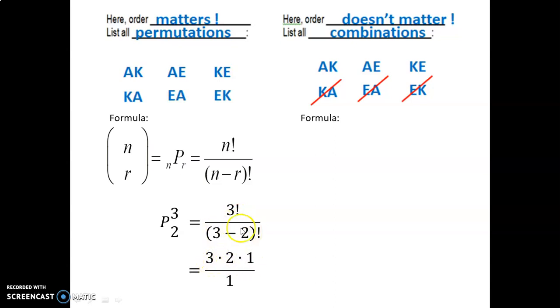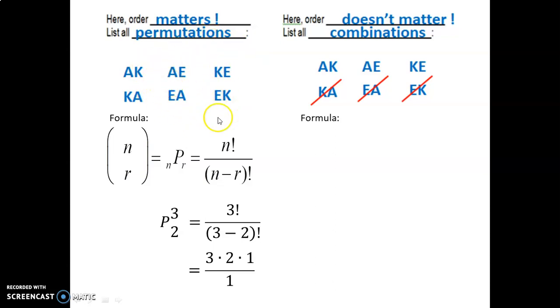And on the bottom, 3 minus 2 is 1, so we have 1 factorial, so that's just a 1, because we're not multiplying and counting down because it's already 1. So 3 times 2 times 1, and that gives us 6 over 1, which is 6. And that makes sense. We already saw there are 6 different permutations, or 6 different ways you can choose 2 people.